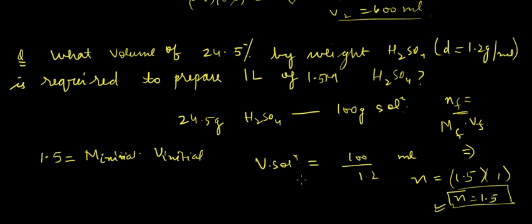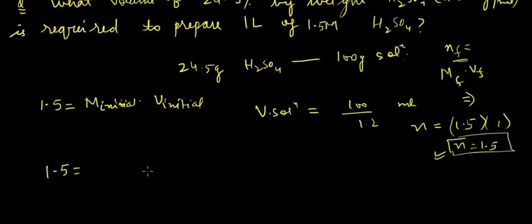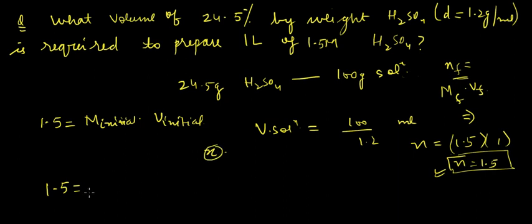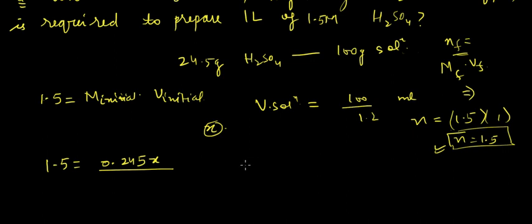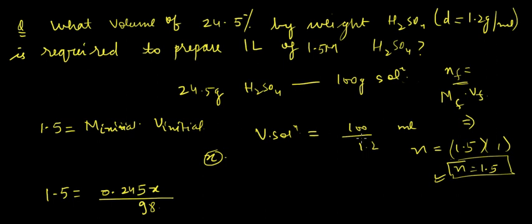Just cancel this approach, or just let me write it here. 1.5 equals, let's say we have x grams of H2SO4 solution. So the given mass of H2SO4 would be 24.5% of x divided by the molar mass of H2SO4, which is 98. Okay, so from here x can be calculated. X was the mass of solution. Okay, so let me erase this up here.